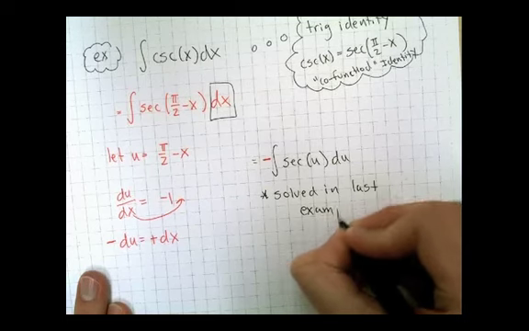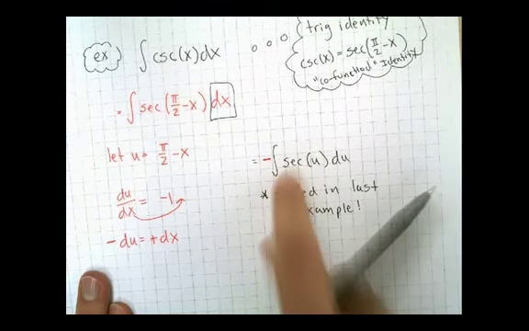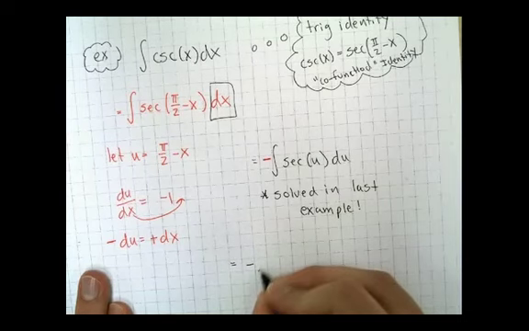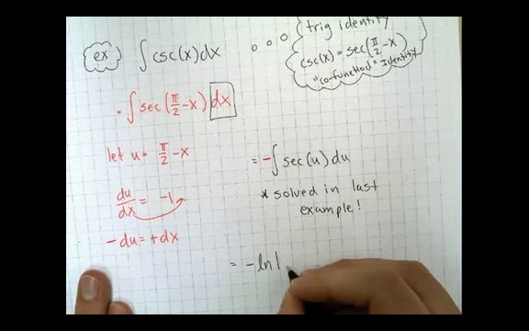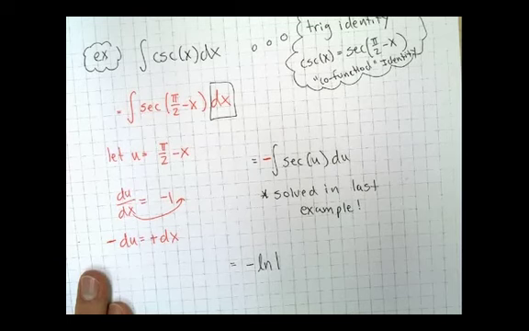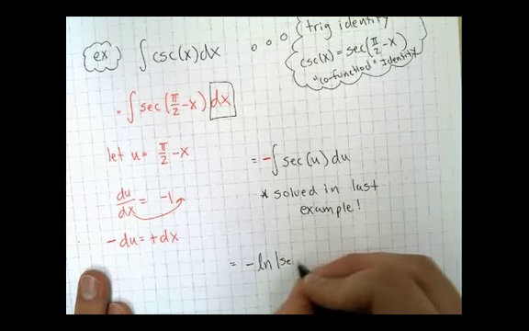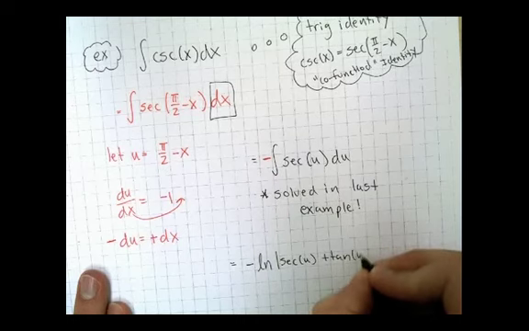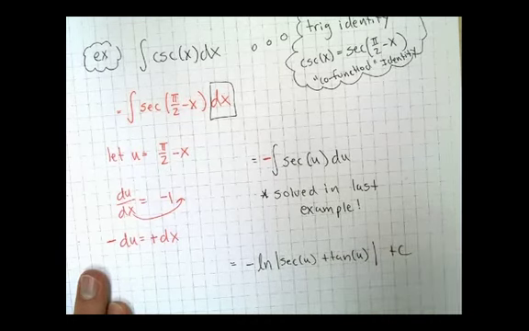Since I solved it in the last example, I'm going to take this answer, and the final answer is going to be a negative natural log, absolute value, and then we'll change it to secant of u plus tangent of u plus c.